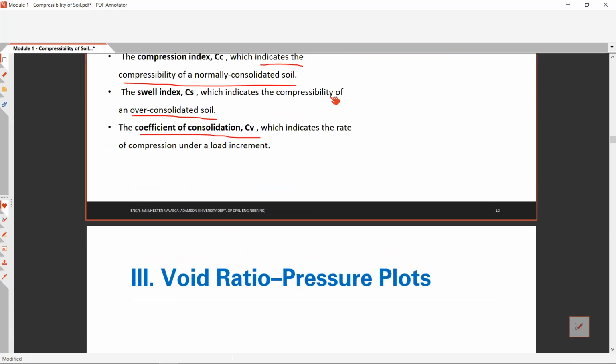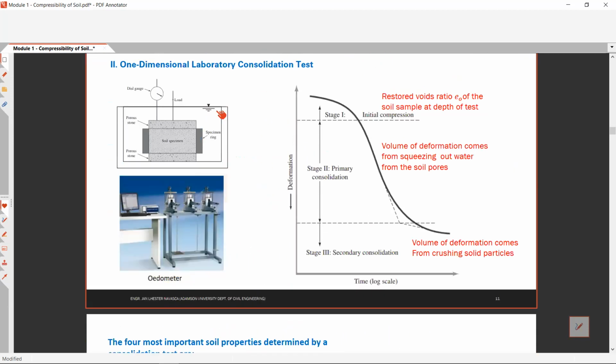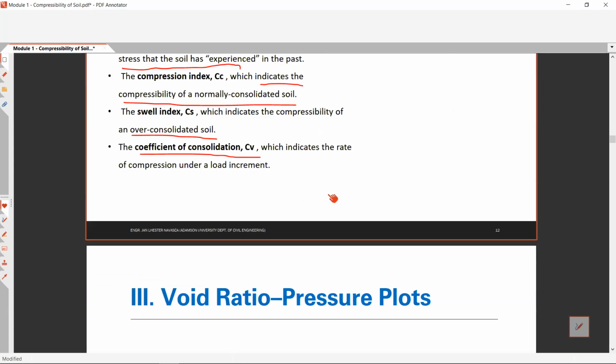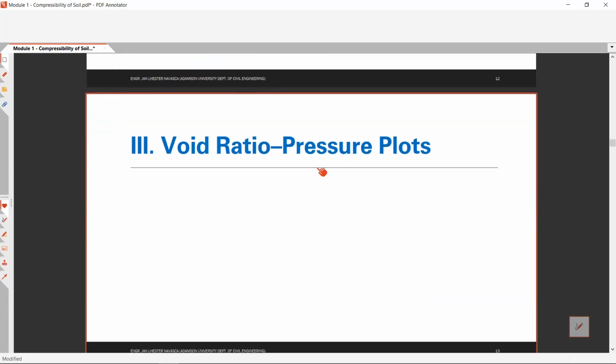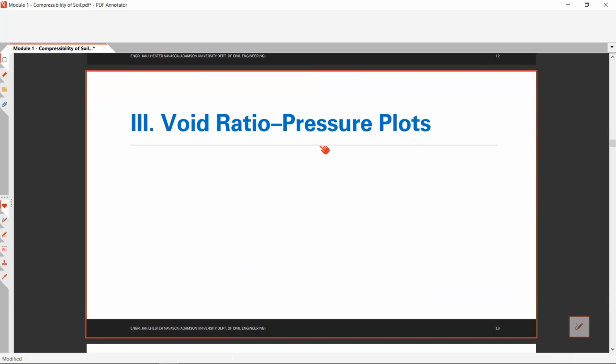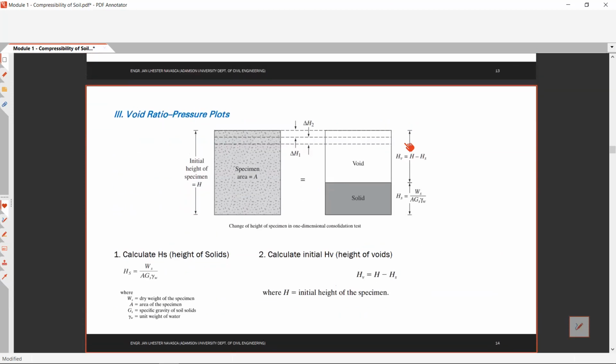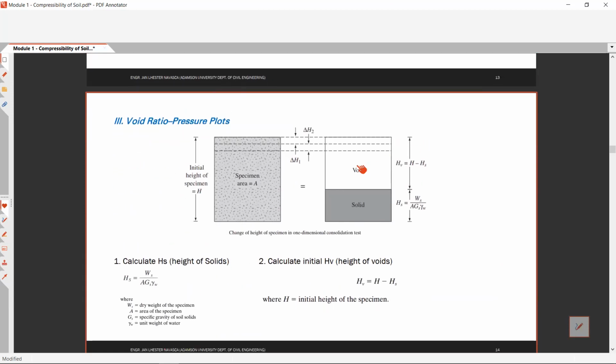So after doing the odometer test or consolidation test, you will plot your data. So that is a void ratio pressure plot. Okay. So yung void ratio pressure plot is, for example, we have the specimen area, the same specimen area with initial height h.